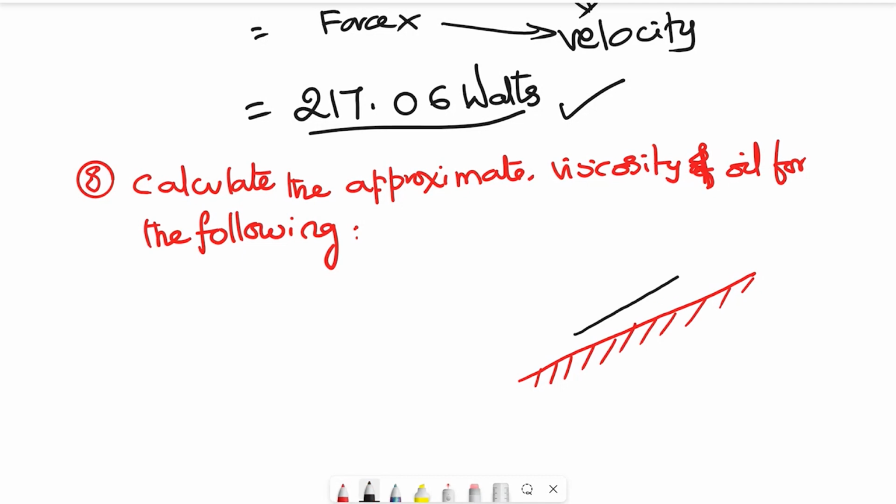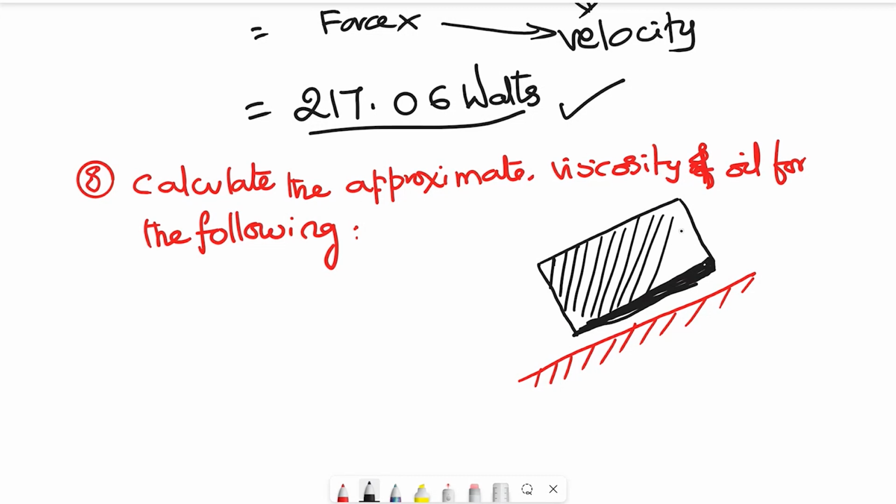There is a weight. This is the weight. This problem I have solved actually, only for your understanding sake.